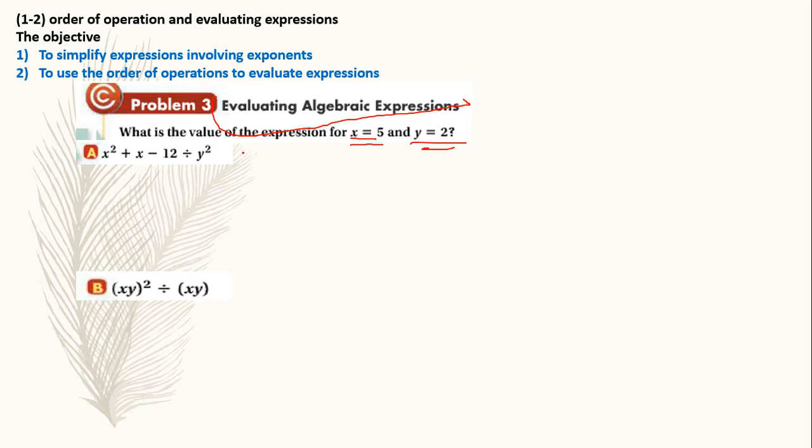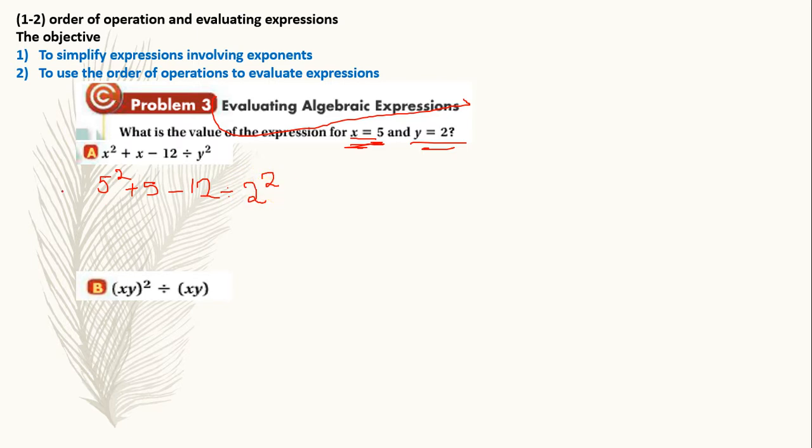Just take this 5, replace this x by 5. So 5 to the power 2 plus 5 minus, from where this 5? Here, from the question, minus 12 divided by y, it said 2 to the power 2.